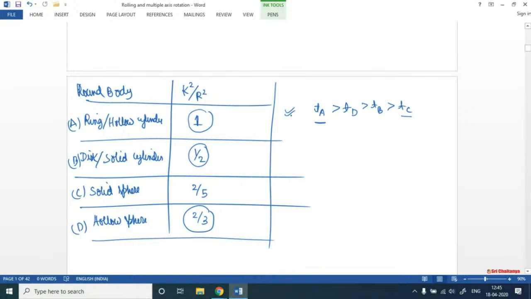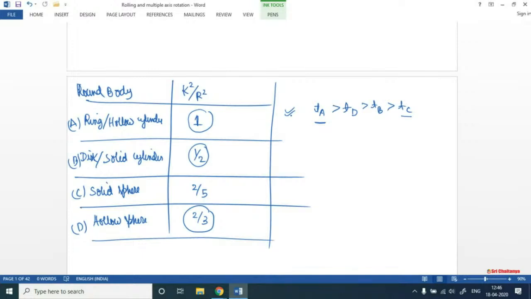But we can say this only when friction is sufficient for rolling. If the incline is frictionless, there will be no torque due to friction, so the round body will not undergo any rotation; it will undergo purely translational motion.